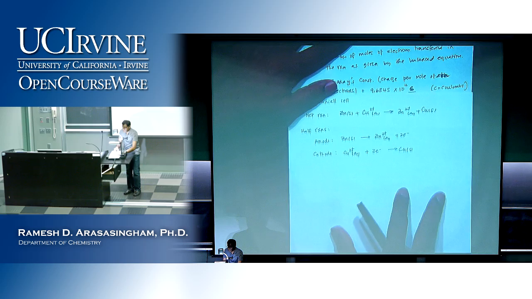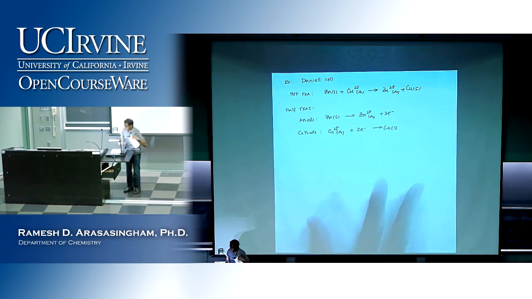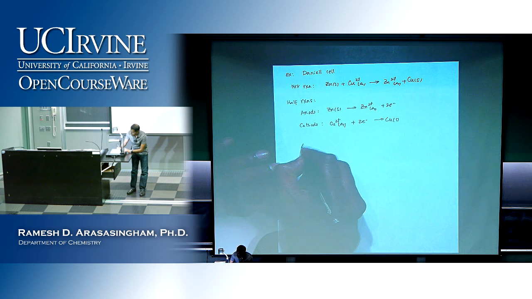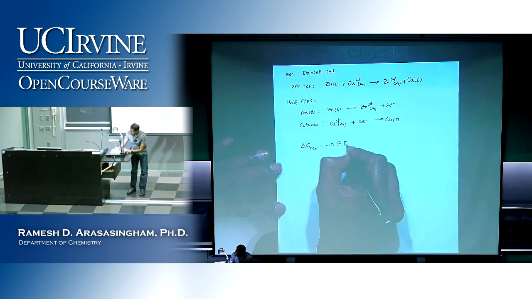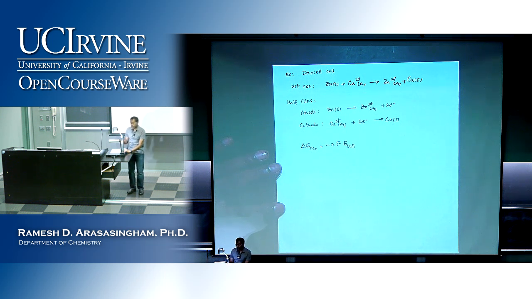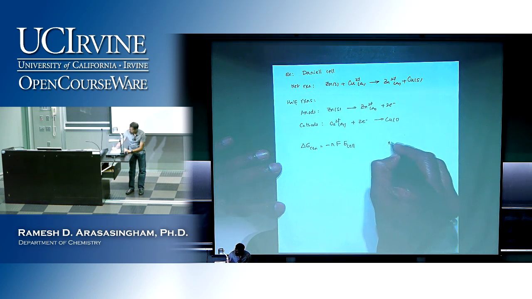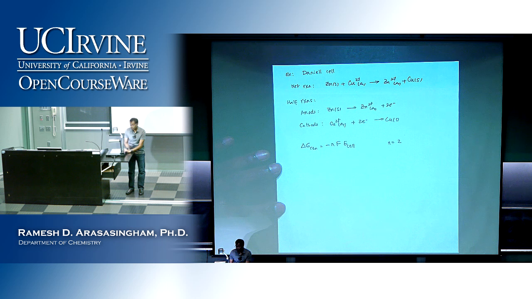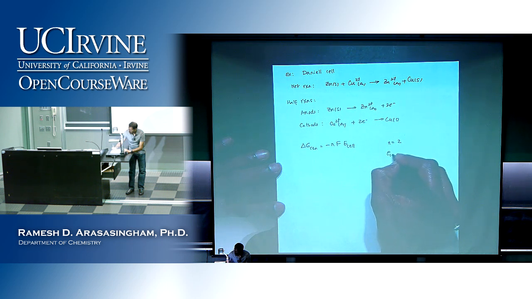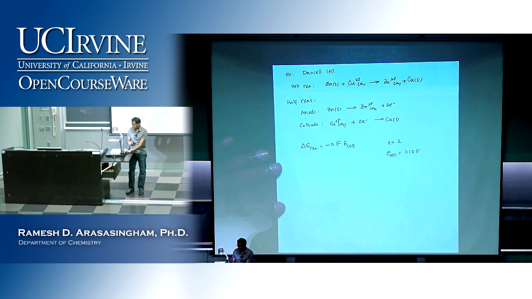Now if I want to calculate the free energy for this reaction, I know delta G reaction equals minus nFE cell, and I know that n equals 2. We know that E cell for this is 1.10 volts. F is a constant, and I can figure out what delta G for that reaction is.